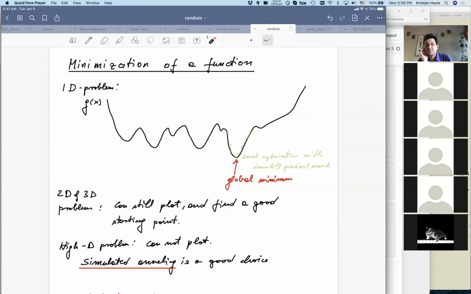So if you have lots of local minima, then what would you do? So what we require is to find the global minimum. Okay, global minimum. That's what usually, almost always, we have a problem of finding global minimum of a function. Now, if the problem is 1D, then there is an obvious solution. So how would you approach that?